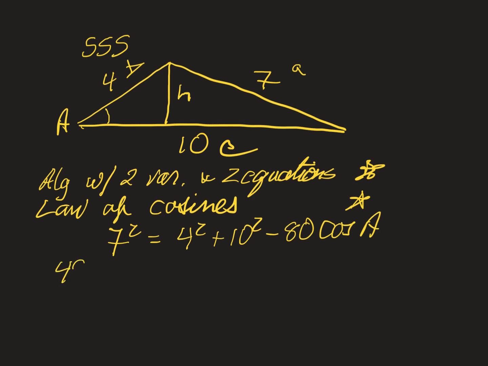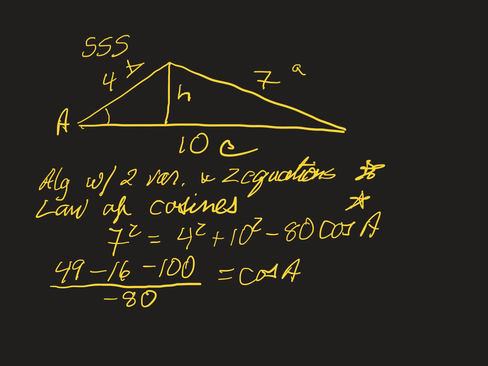That'll give us 49 minus 16 minus 100, divided by negative 80, and that's equal to cosine A. So if we take the inverse cosine, 49 minus 16 is 33, and 33 minus 100 is negative 67.